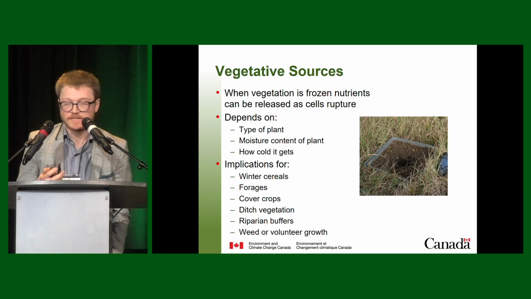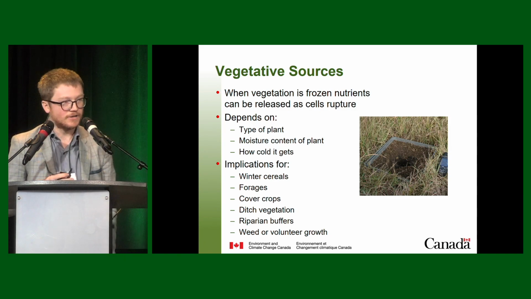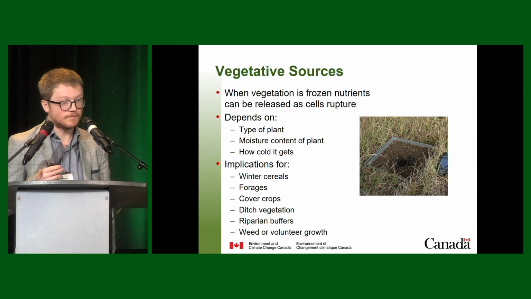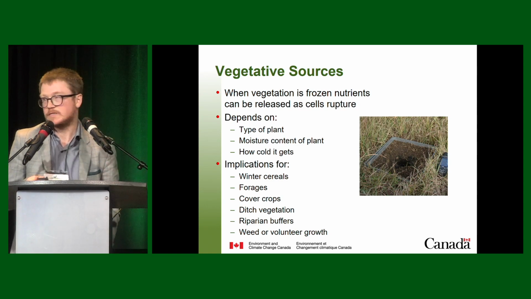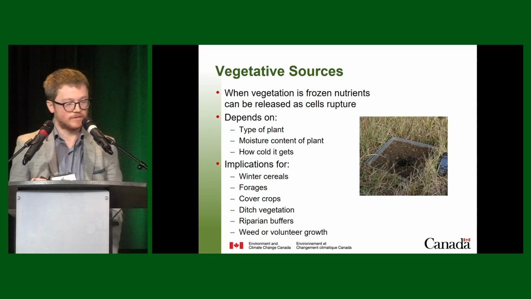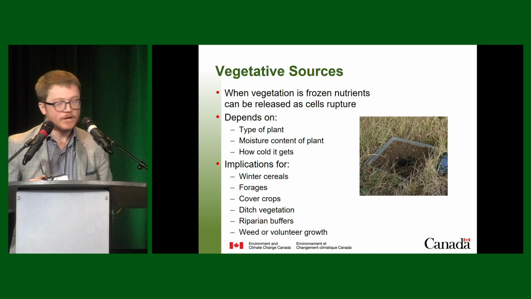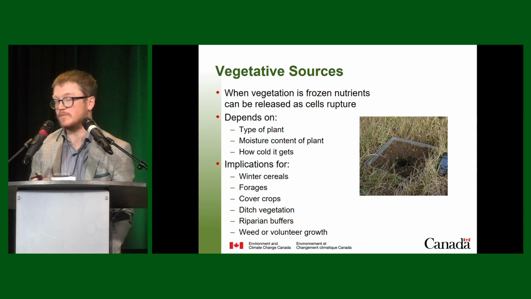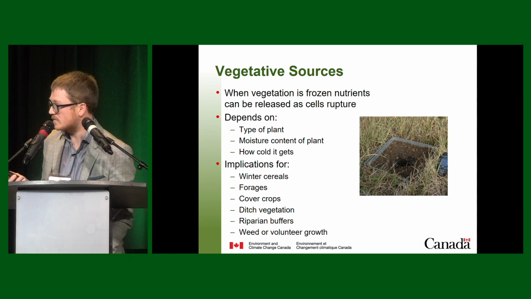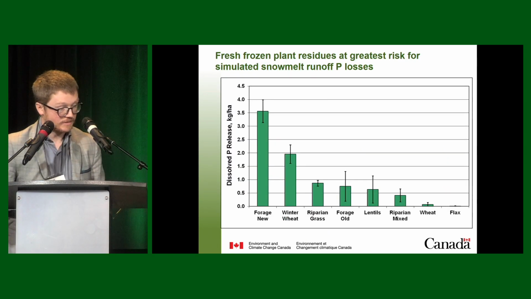But the challenge is it may not be well suited under our Canadian prairie conditions because when the vegetation is frozen, it can release nutrients as those cells rupture. And it's very dependent on a number of factors, of course, the type of vegetation, the moisture content, and then ultimately the temperature. And so we can think of potential implications for crop choice as an example.